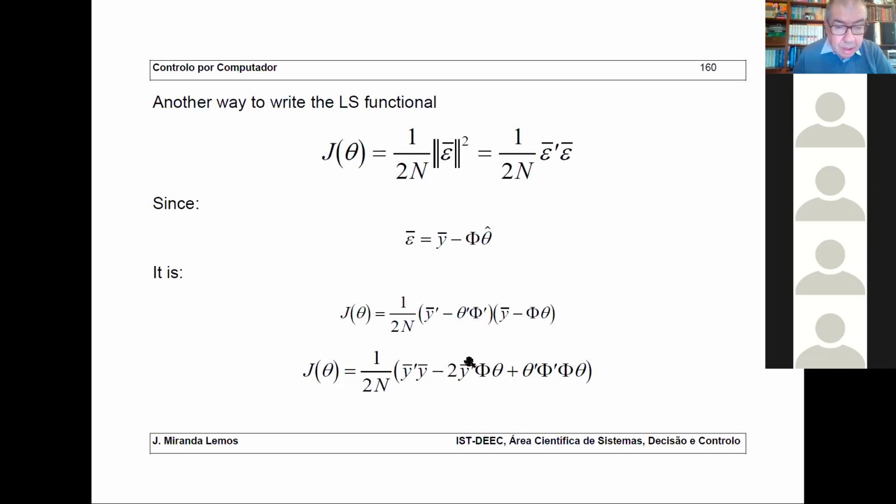So you end up with a final result which is a scalar.